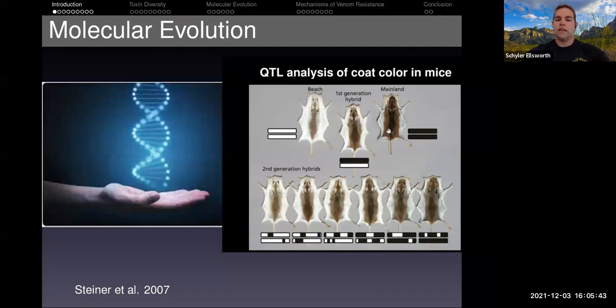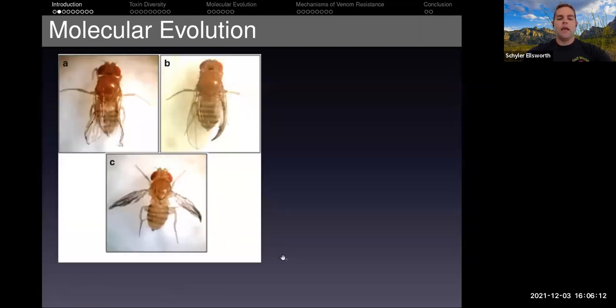Through this quantitative trait loci analysis, they're able to create hybrids and then look at the areas of the genome where the coat color genes are being affected. Through these types of experiments, we're able to look at the molecular changes that give these broader scale phenotypes. And so broadly, this is what our lab is interested in looking at.